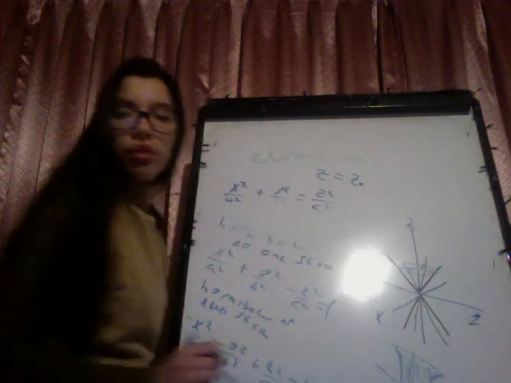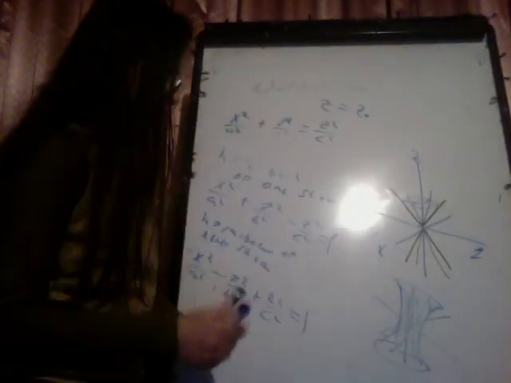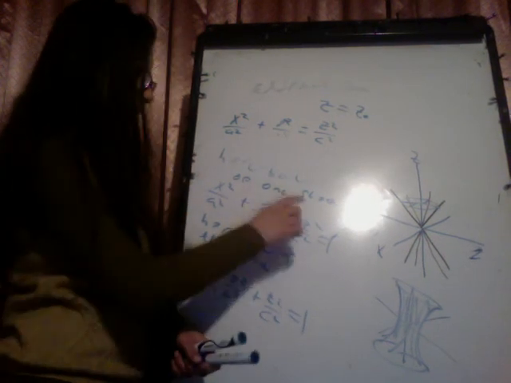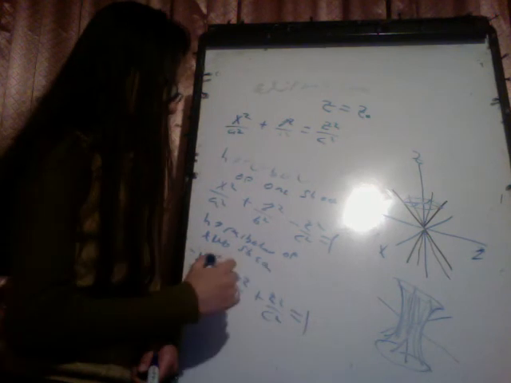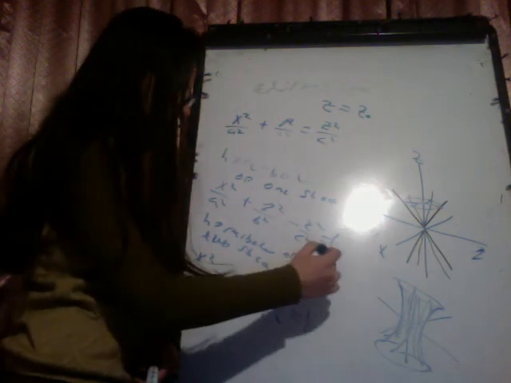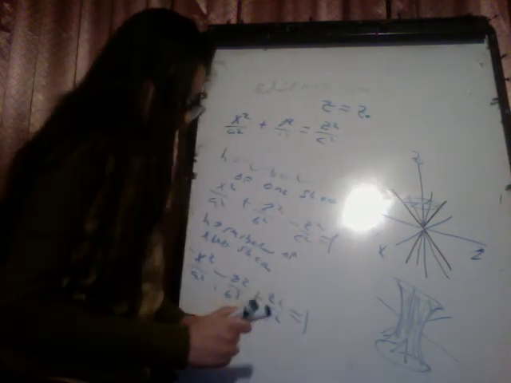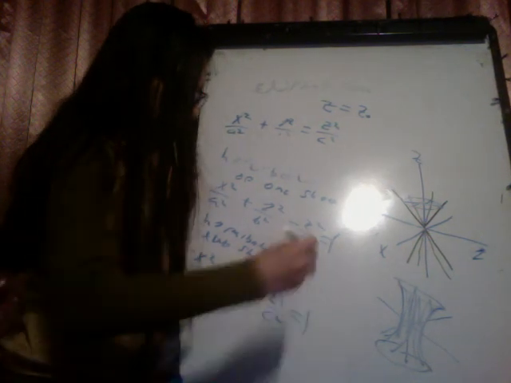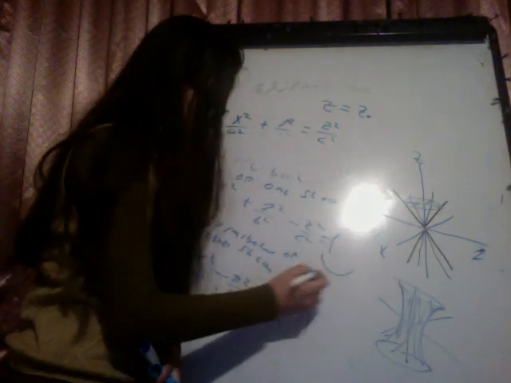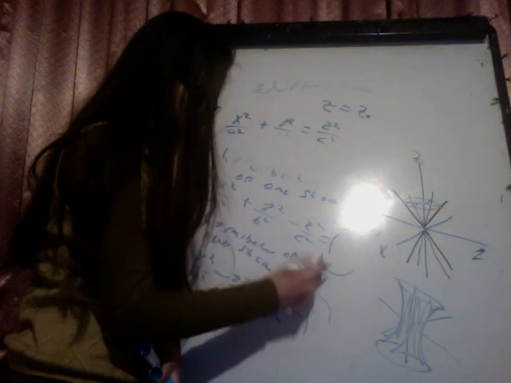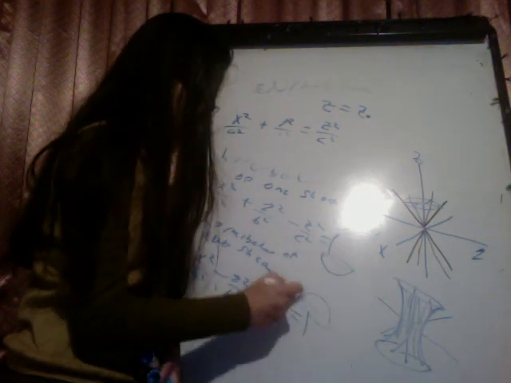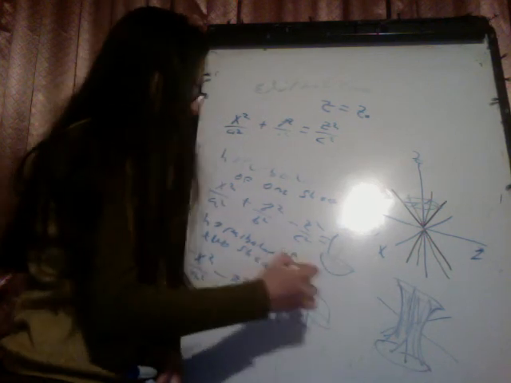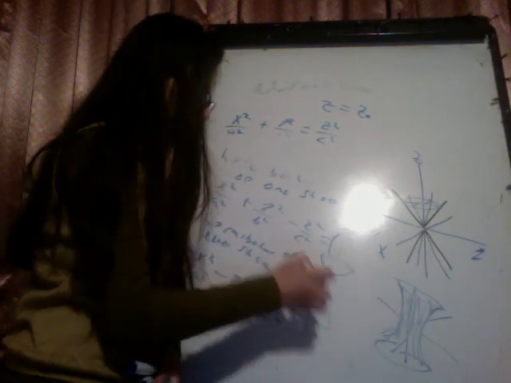So this is the hyperboloid of one sheet. We have a separate video on this, and the hyperboloid of two sheets is something like this here, and you have the axis here.